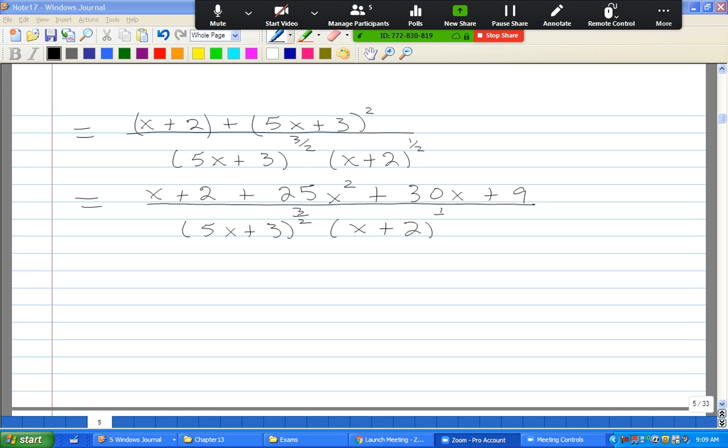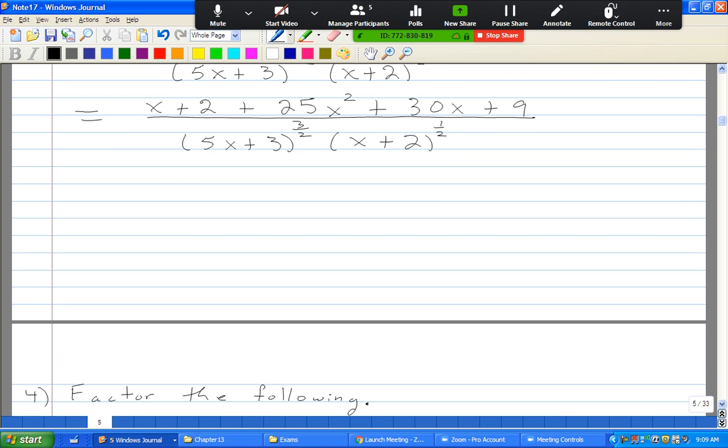And so, let me simplify this. Good. So let's combine like terms.